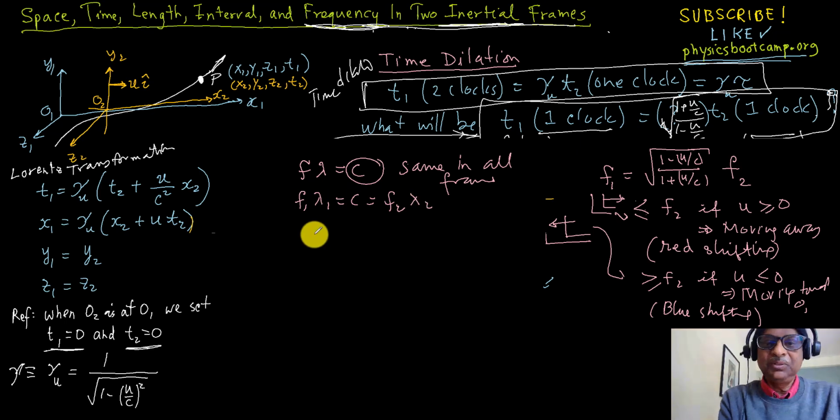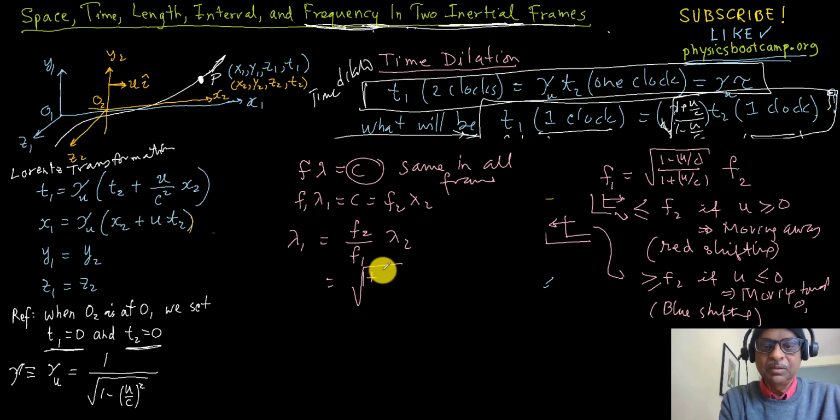So lambda 1 will be f2 over f1 times lambda 2, which is the square root of (1 plus u over c) over (1 minus u over c) times lambda 2.